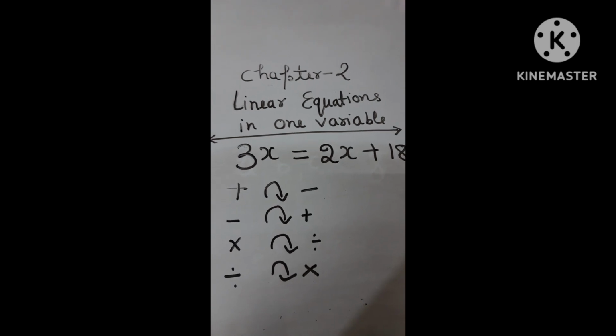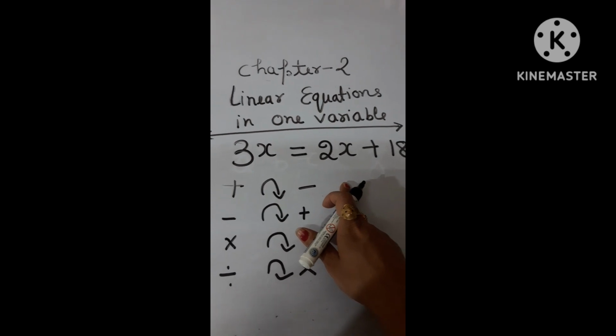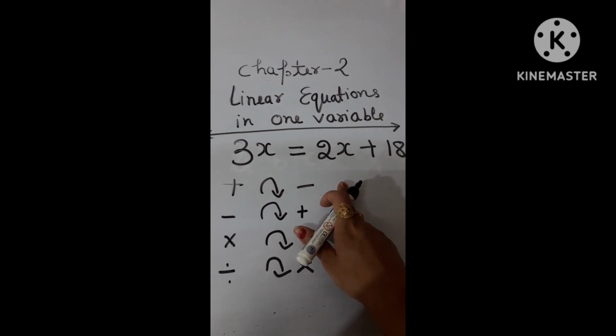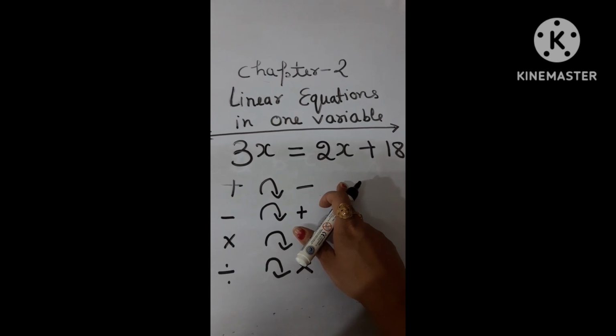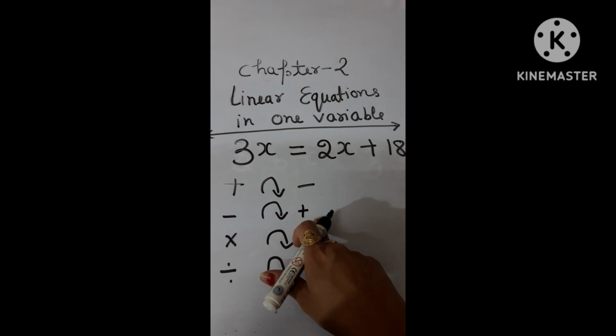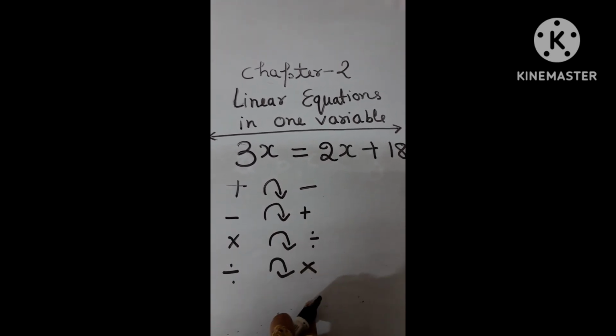Getting my point? Whenever you change the position of the variable or the constant involved in the equation, the change of sign will be there. It means plus will change to minus, minus will change to plus, multiply will change to divide and divide will change to multiply.